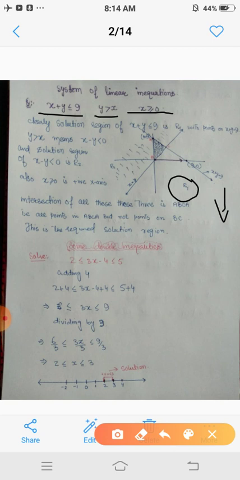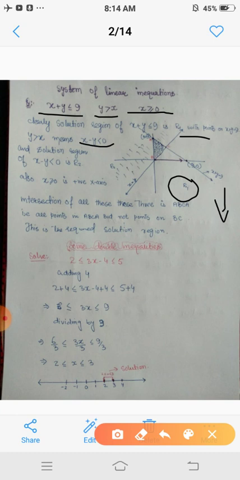Similarly, y greater than x is actually x minus y less than 0. So we have to solve this inequality, x minus y less than 0. In order to solve this, we draw the graph of x equals y, that is x minus y equals 0, which is this line passing through the origin.